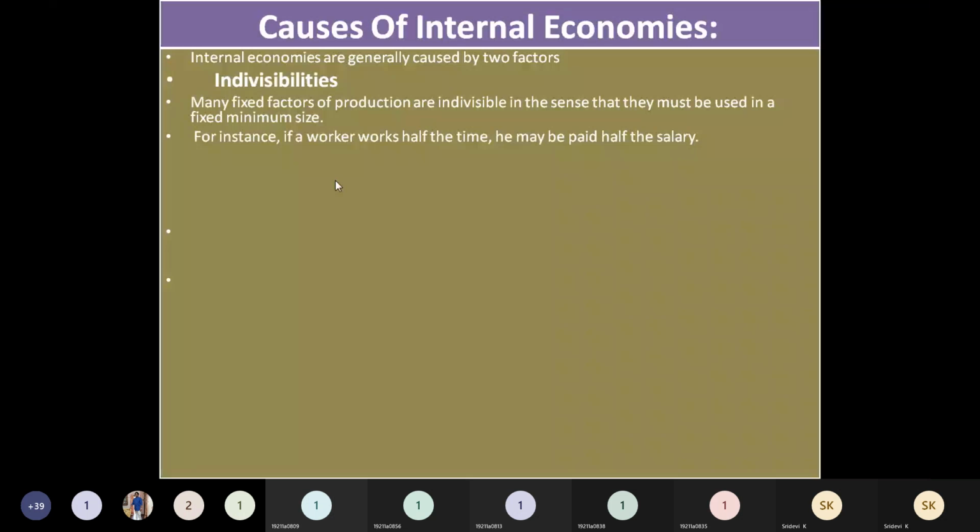If one machinery is producing 1 lakh units, can you divide that machinery if you are producing only 75,000? It is not possible. No. So in such a case, what will the company do? The company will utilize the whole capacity of the company, the capacity of the technology, so as to increase the production.